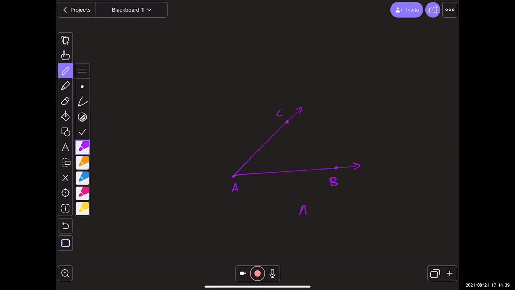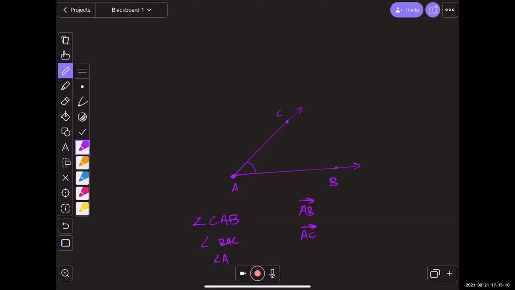We have ray AB and we have ray AC, right? These 2 rays start at the same origin. They share this common origin A, right? This angle that is created right here, we call this angle CAB or angle BAC. These two both refer to the same angle. We can also refer to this as just angle A alone, if it's pretty obvious what we're referring to.